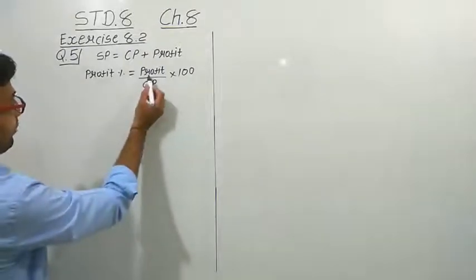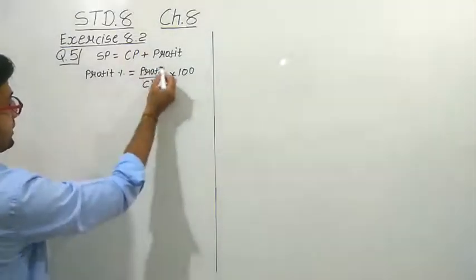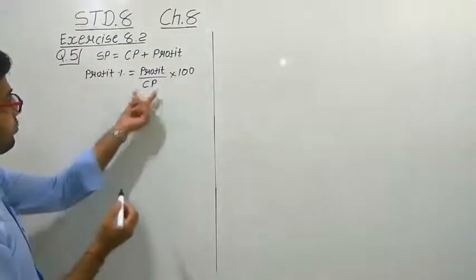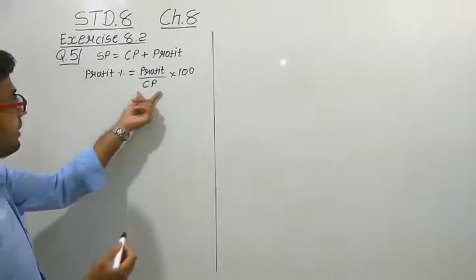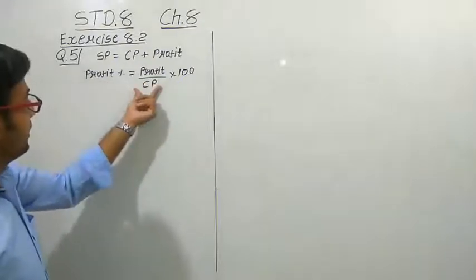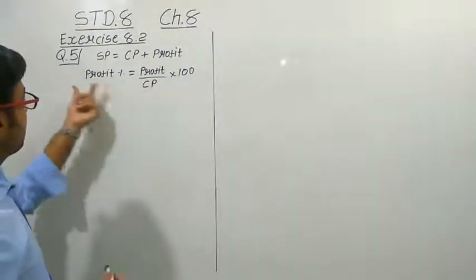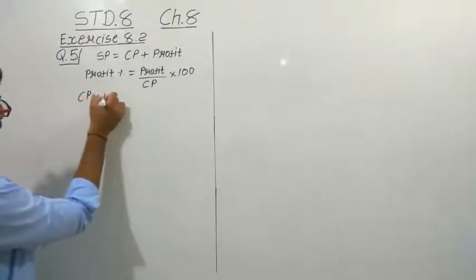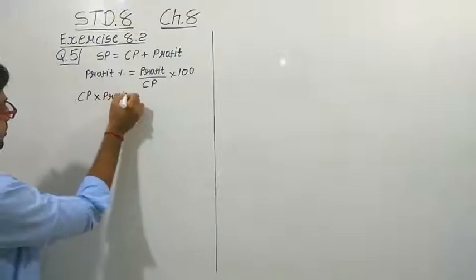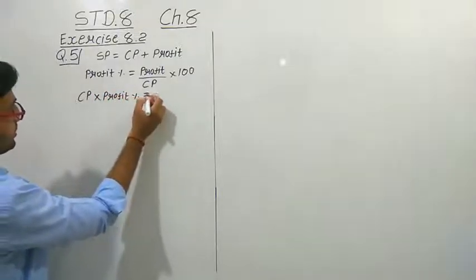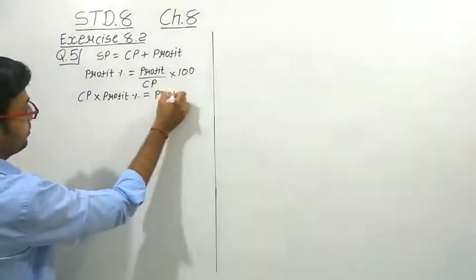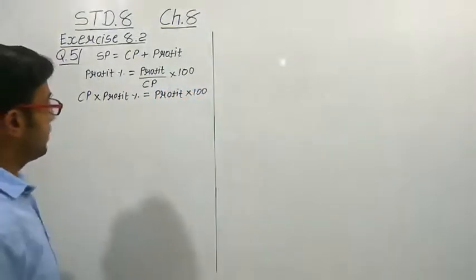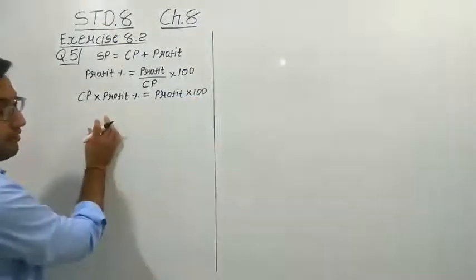So from here we have to make the profit the subject. Why do we make the profit the subject? We have to take this CP to the left hand side. Currently it is in the denominator with the profit. Now the CP will multiply with the profit percentage, so we get CP multiplied by profit percentage is equal to profit into 100. Now take this 100 to the left hand side.